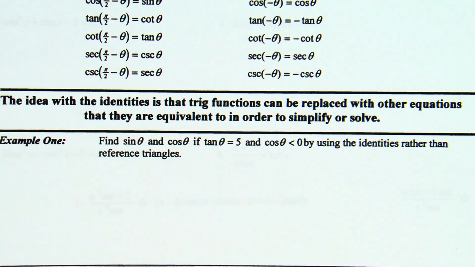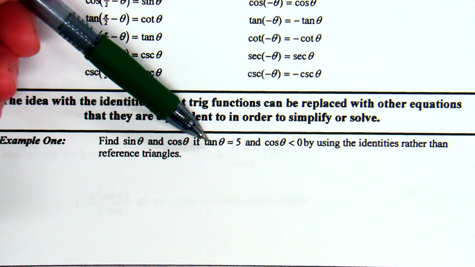Okay, so you could have done a similar problem to this back in chapter 4. In chapter 4, we would have set up our reference triangles and used things like SOHCAHTOA, right? Okay, so that still exists, but we're going to look at how we can use identities here. We know tangent, right?